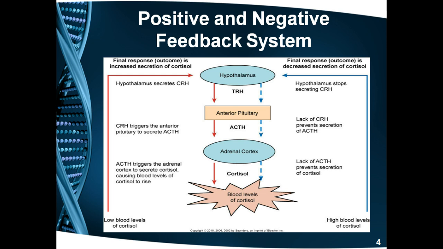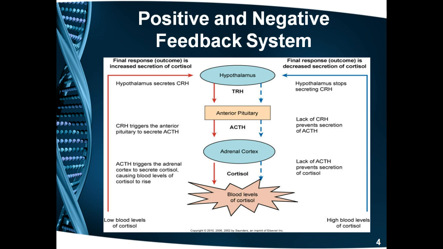And so, as a result, the rise in blood levels of cortisol inhibits, or stops, the releasing hormone from the hypothalamus. So, for example, without releasing hormone, the anterior pituitary gland stops secreting adrenocorticotropic hormone, and normal blood cortisol levels are maintained.